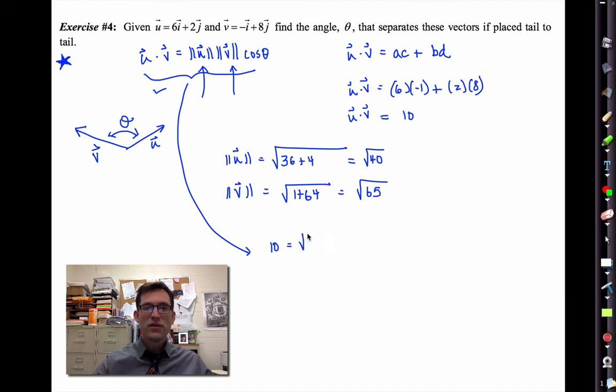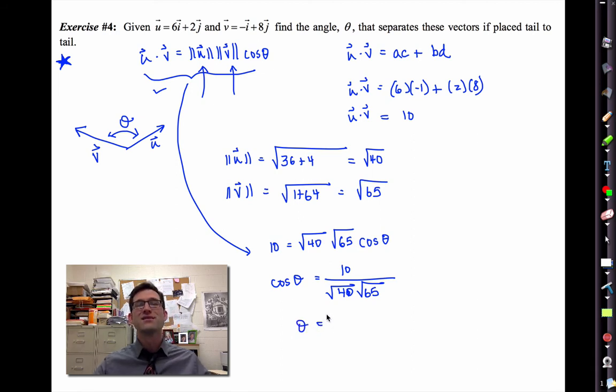The magnitude of u is root 40. The magnitude of v is root 65. And the only thing I'll have left is cosine theta. So in fact, cosine theta is going to be 10 divided by root 40 times root 65.